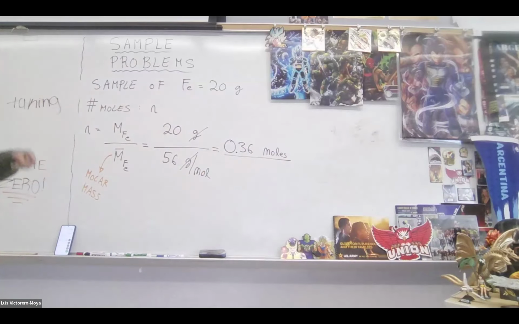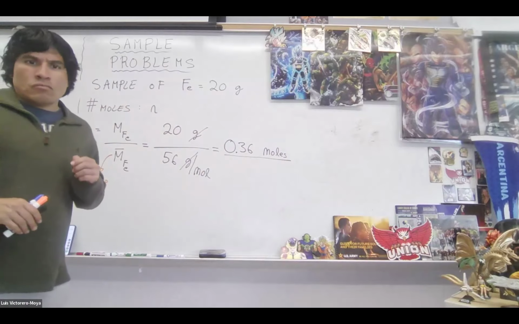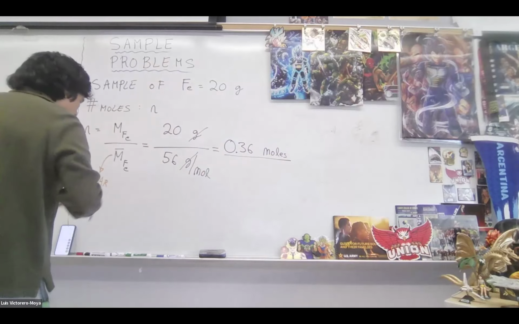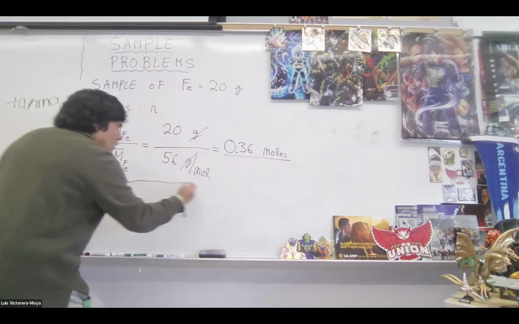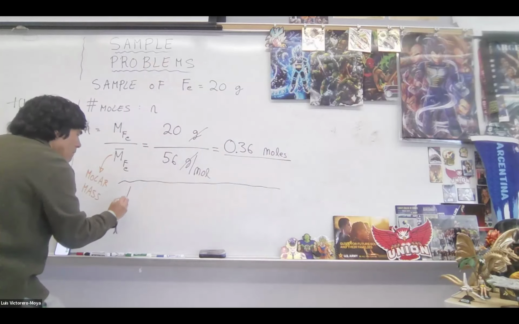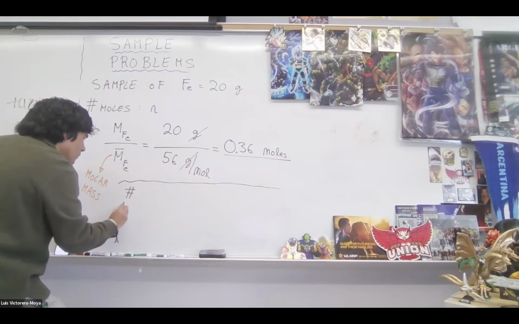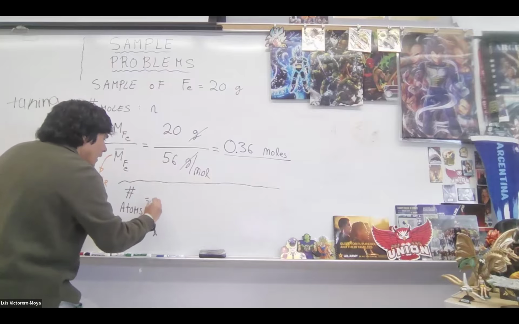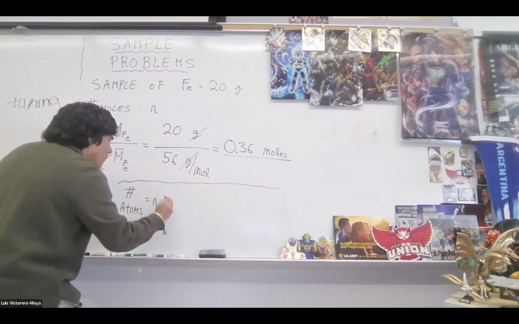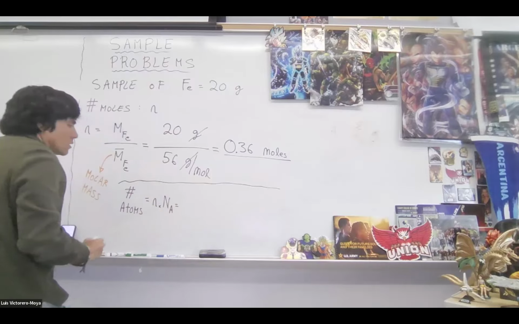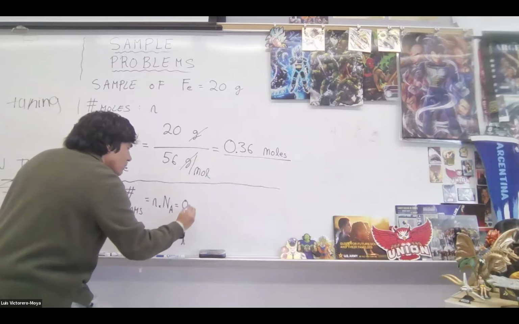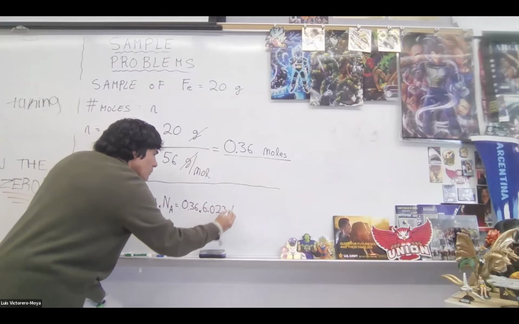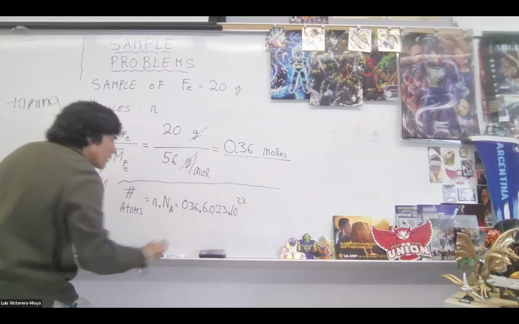Now, can I also get the number of atoms for the iron sample? Yeah. To find the number of atoms, I do the N multiplied by the Avogadro's number. So that will be 0.36 times 6.023 times 10 to the power of 23.